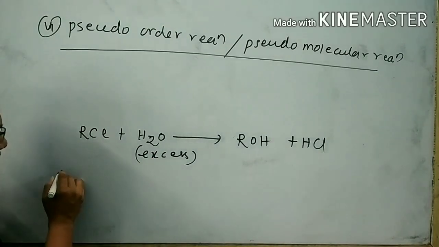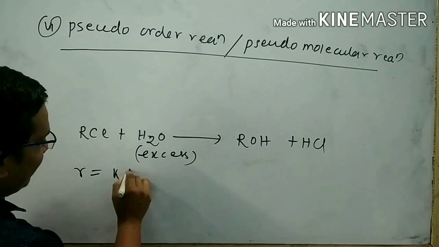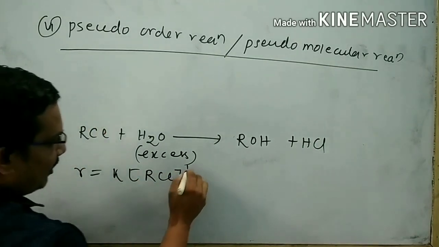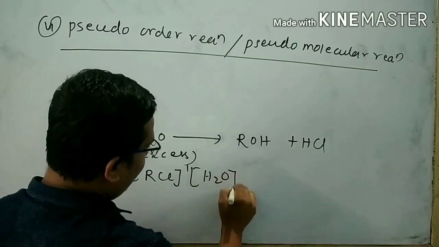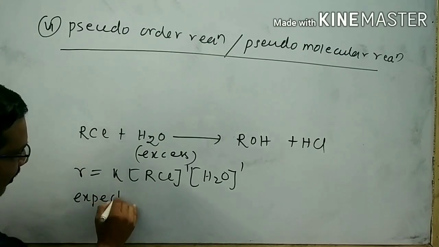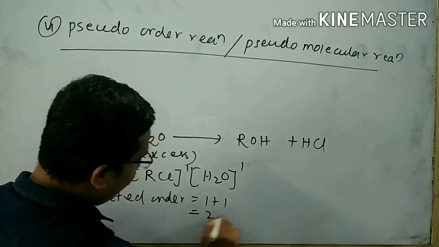By applying the rate law, R equals K into concentration of RCl power 1 into concentration of H2O power 1, and the expected order is 1 plus 1, that is 2.